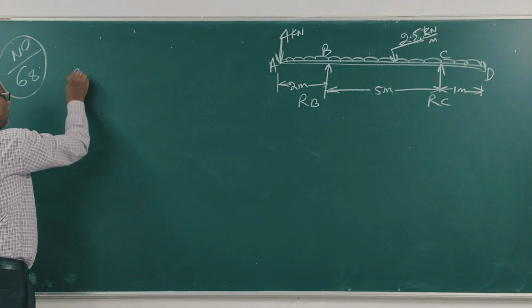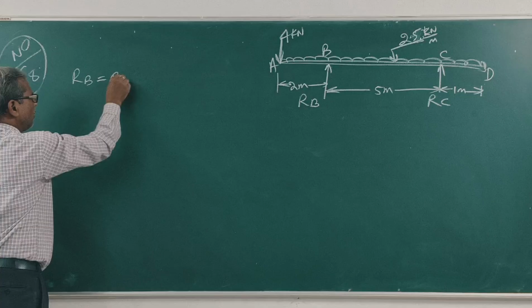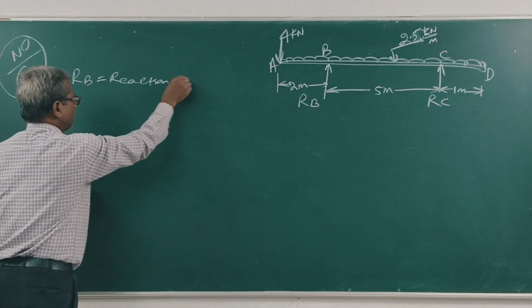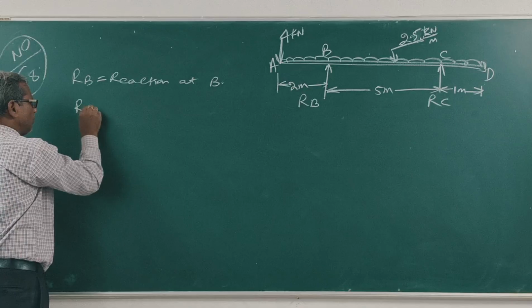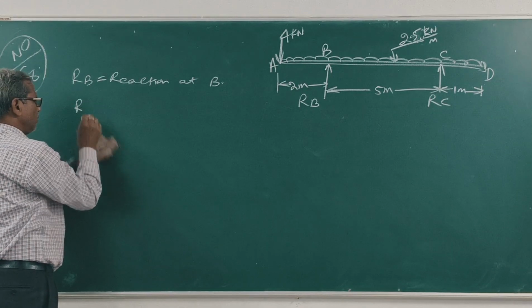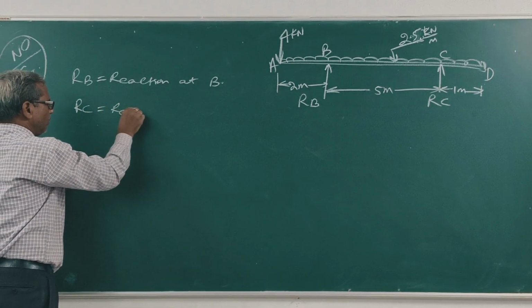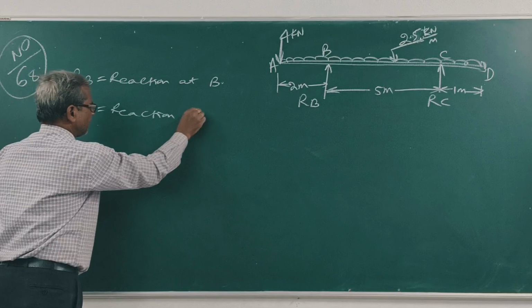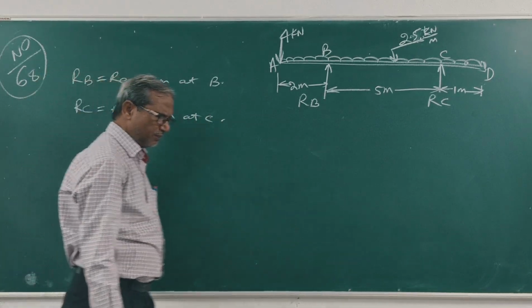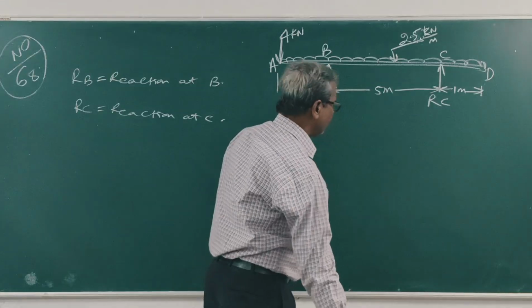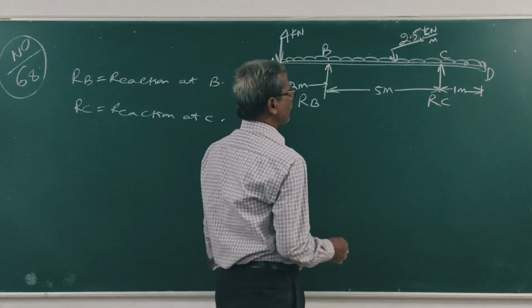Let RB is equal to reaction at B, RC is equal to reaction at C. Clear? Now this UDL is 2.5 kilonewton per meter.